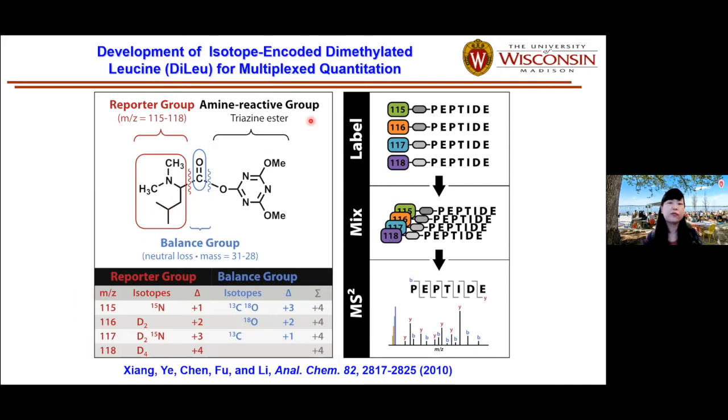For example, we can differentially label 4 sets of samples and combine them in MS1, so there is no spectral complexity involved. Then MS2 allows us to break these two bonds to generate reporter ions ranging from 115 to 118, 1 Dalton apart from each other, so we can quantify their relative abundance from 4 samples, and then the backbone cleavage for identification.